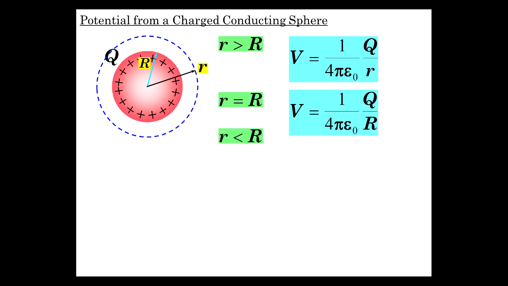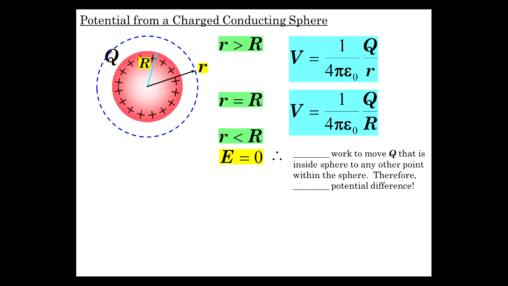Now what about underneath the surface? So inside the conductor, this is a conducting sphere. You already know that the E field is 0. So obviously the potential should be 0 too, shouldn't it? I mean, let's see, we integrate the E field, integrating 0. Don't we get 0? Seems like.